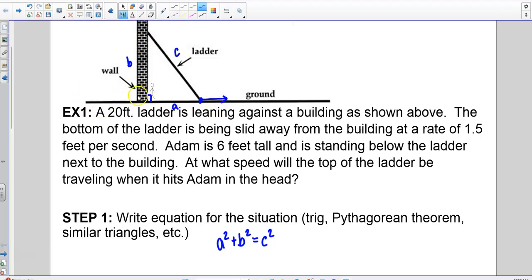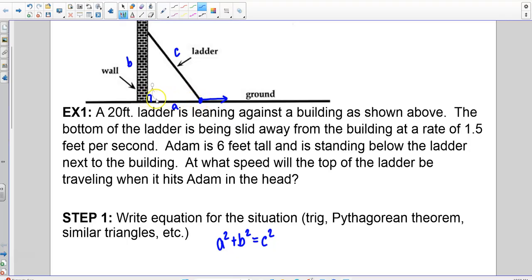Same thing for Adam. Adam's height is constant, unless it gets hammered into the ground, maybe like a cartoon would. But is Adam's height part of our triangle? Is it A, B, or C? It is not. So both the wall and Adam's height are constant, but they're not A, B, or C, so we're not concerned with them.